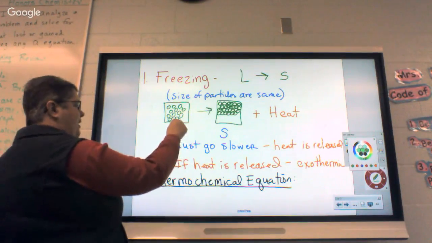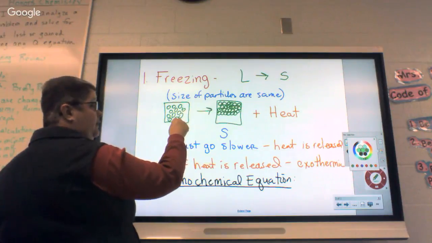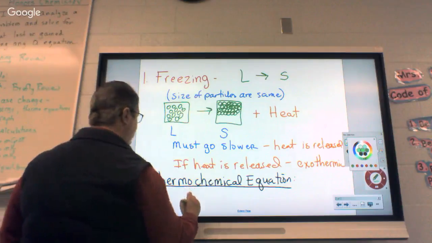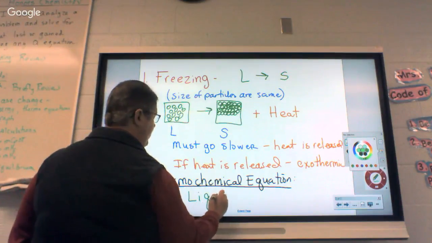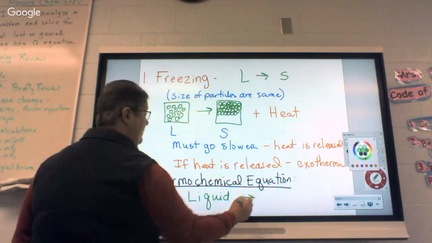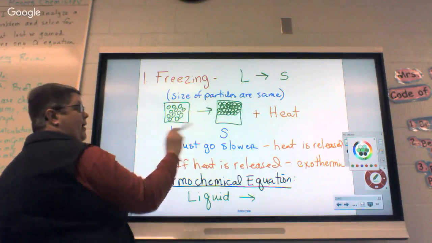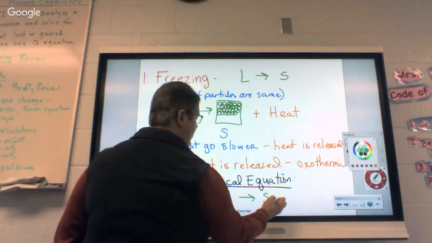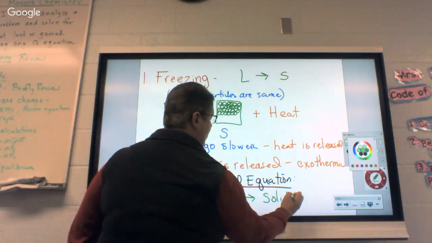Okay, so what's on the left? Liquid. Okay, so we got liquid. What's on the right? What's on the product side? All right. And then plus heat.